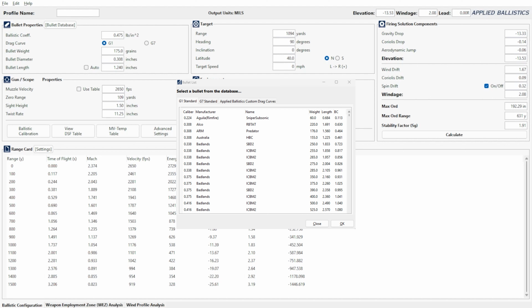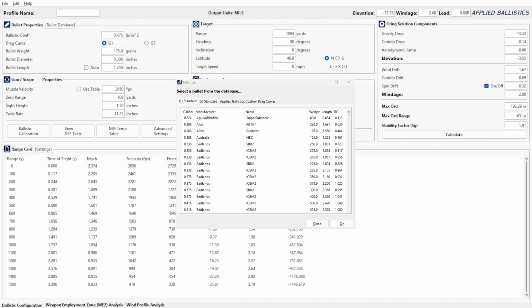And this is where the software comes in. They've spent a lot of time and a lot of money getting these custom drag curves for you. They've shot thousands and thousands of rounds, gathered the real world data from those rounds, and then created customized drag curves.